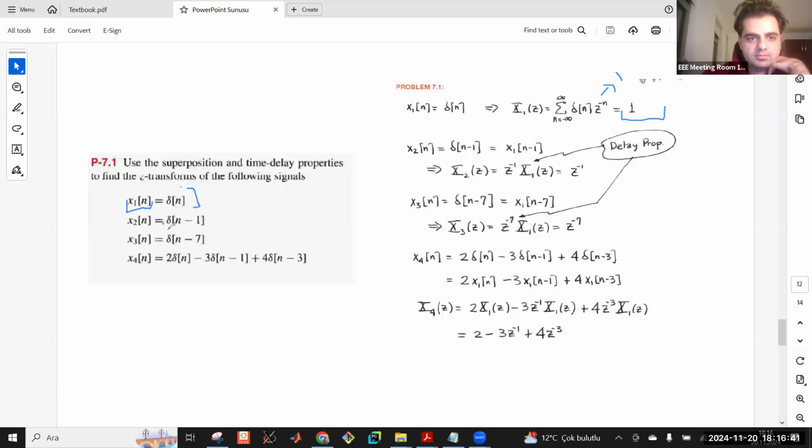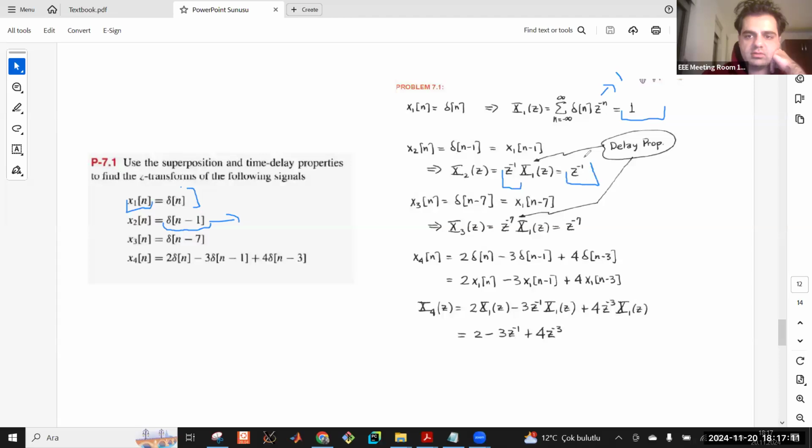For x2, it is non-zero only when n is equal to 1. The coefficient of z to the minus 1 will be non-zero, and it will be equal to x2 when n is equal to 1, which is equal to 1.